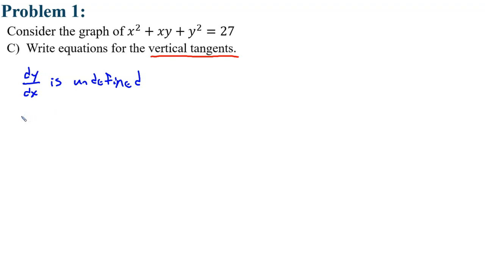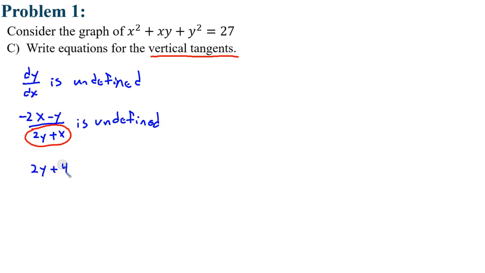So I want to know when my negative 2x minus y over 2y plus x is undefined, which is going to happen when the denominator equals 0. Okay, remember, we can't divide by 0, so we're looking for zeros in the denominator. So similar to what we did when looking for horizontal tangents, we'll just set our denominator equal to 0.